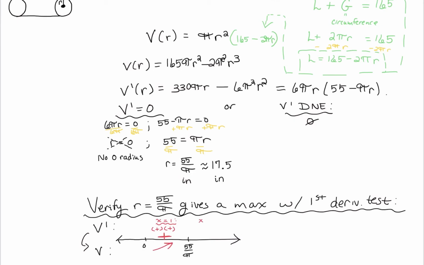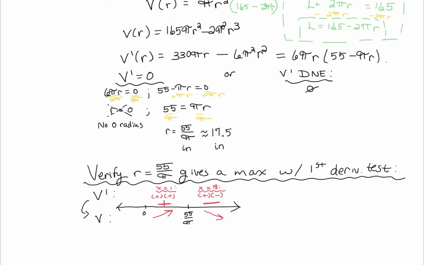And then if I sub in something bigger than this 17.5, so maybe we sub in 18, 19, 20, whatever you want to think about there, 6 pi r is still going to be positive, but now 55 minus pi times a really big number as r gets bigger is definitely going to make that binomial negative. Positive times negative is negative, so we are going to be decreasing.